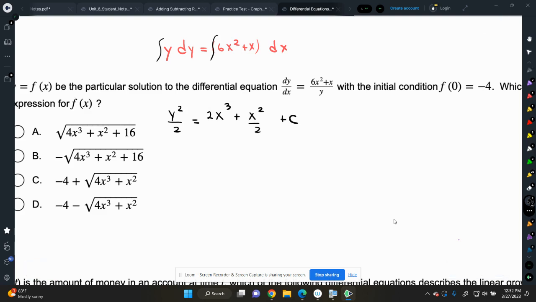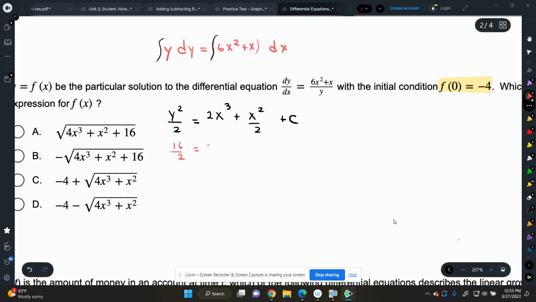Okay, we're trying to get that y by itself, but we have to find c first, right? So I'm going to substitute in my values when x equals 0, y equals negative 4. So we get 16 over 2 equals 2 times 0 plus 0 plus c.